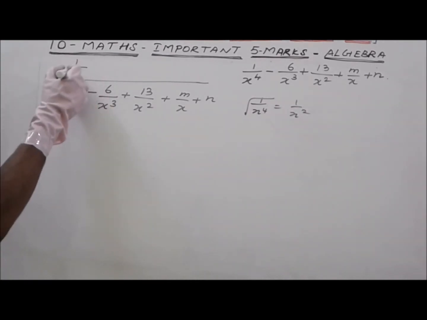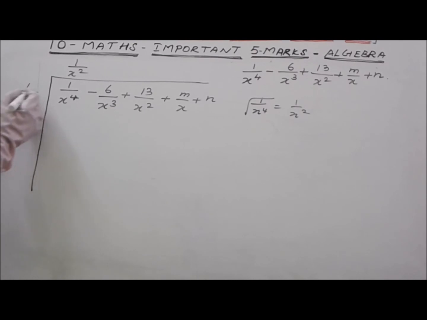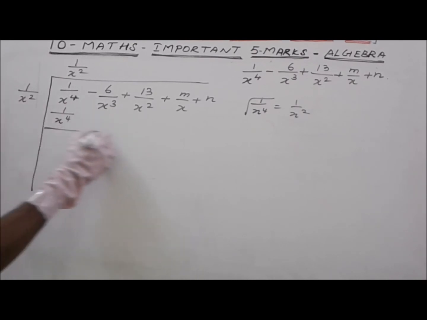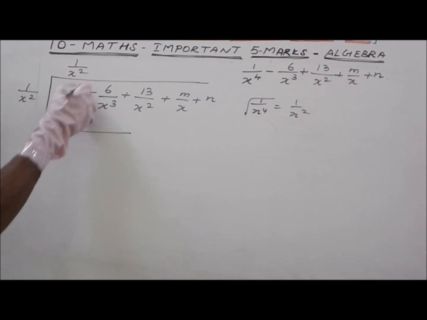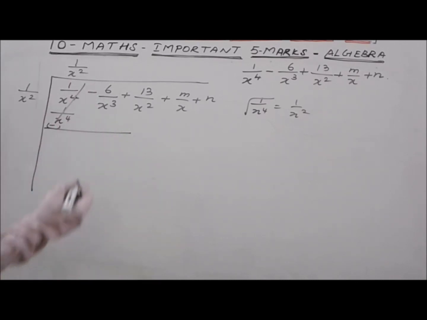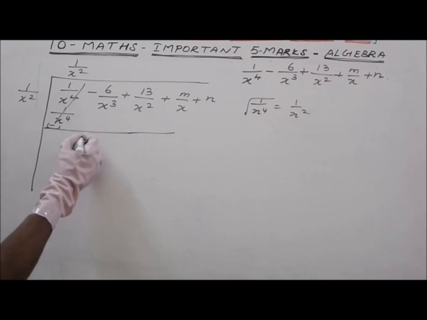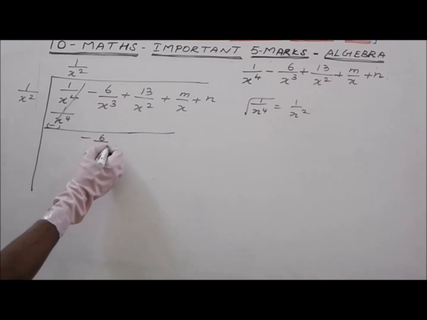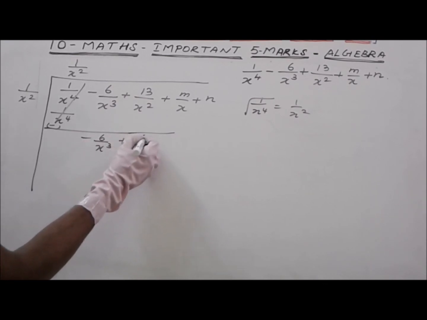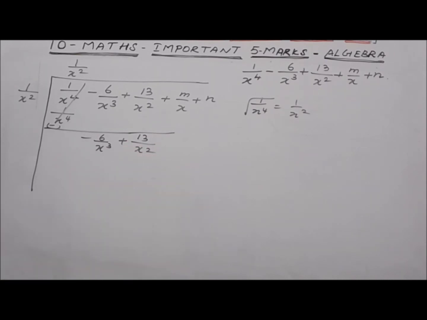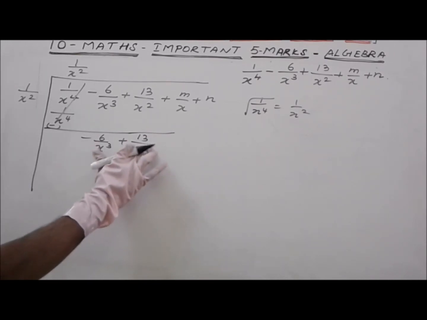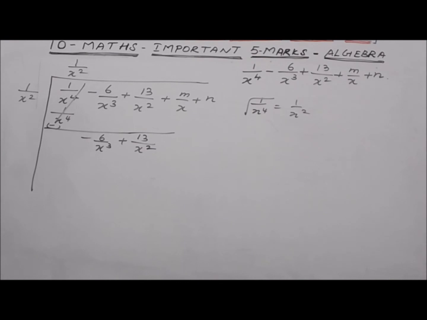So apply here 1 by x square into 1 by x square, that is equal to 1 by x power 4. Get cancelled. The remaining two terms are minus 6 by x cube plus 13 by x square.